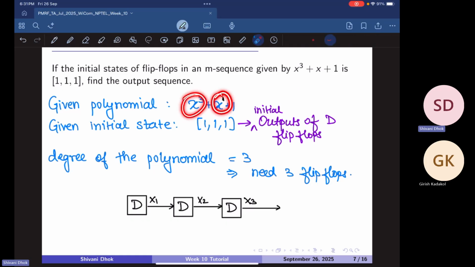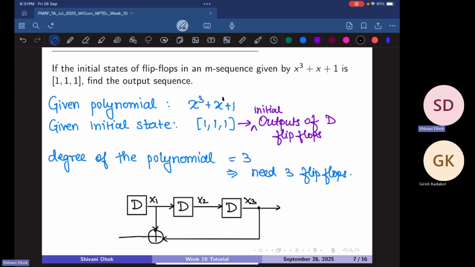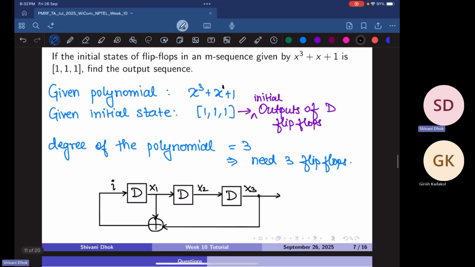The XOR gate is connected between x3 and x1, with an input from x1 as well as an input from x3, and this will be fed back to the input, that is I. So I is given by x1 XOR x3.